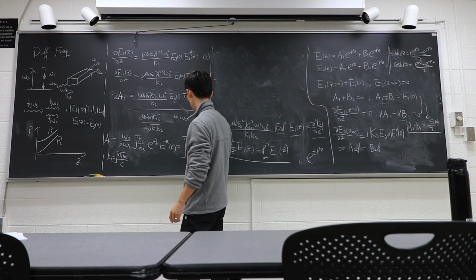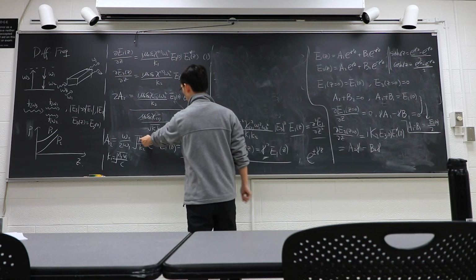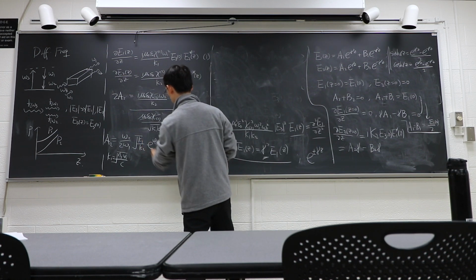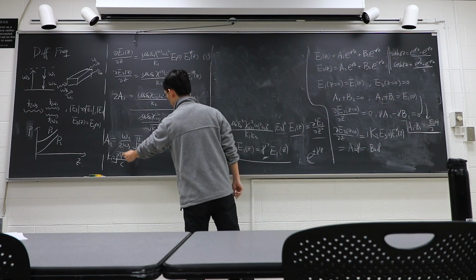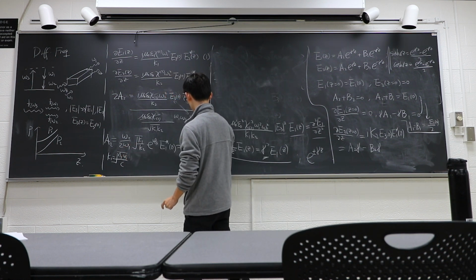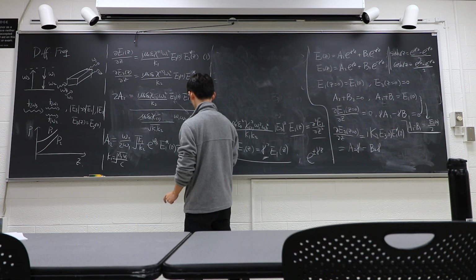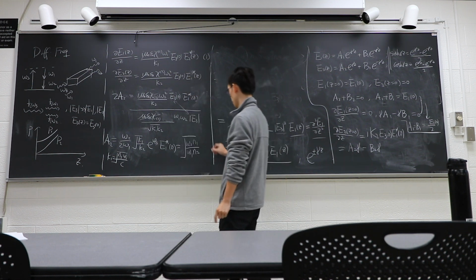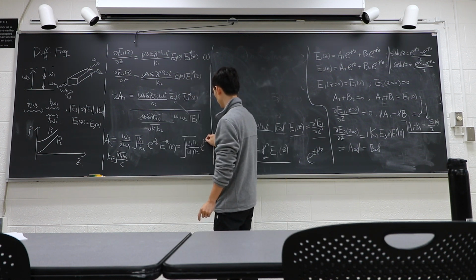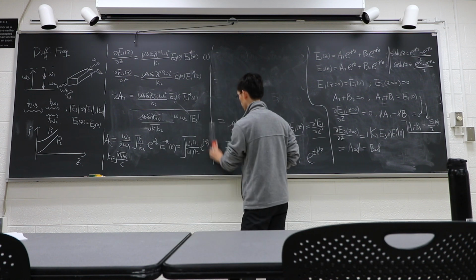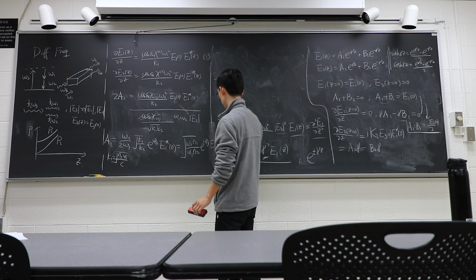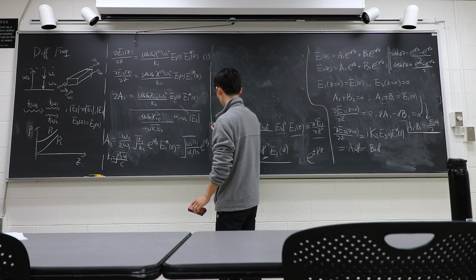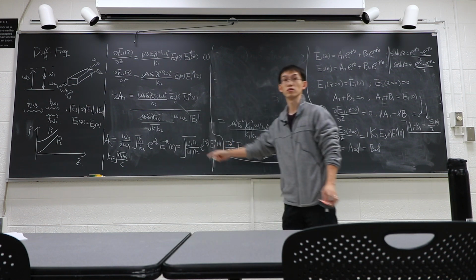There's omega 2 here. K1 is here, so there's N1 here. And then omega 1 with this. And then E to the i phi 3. Okay, so this is your result.